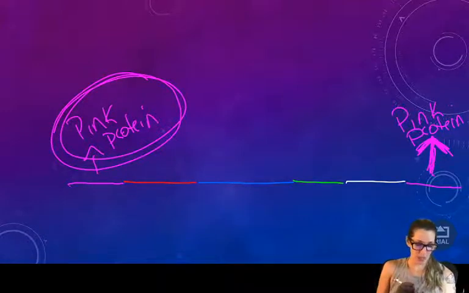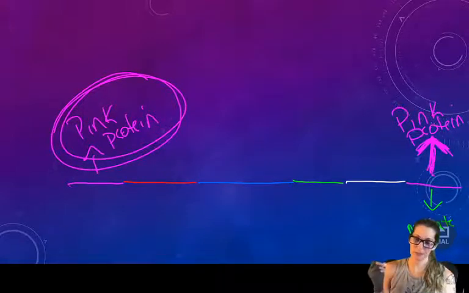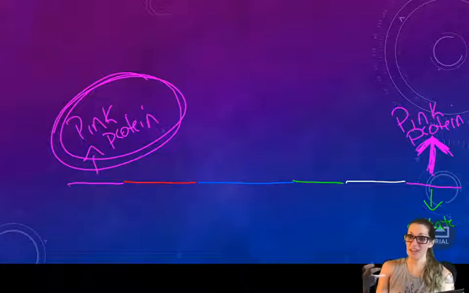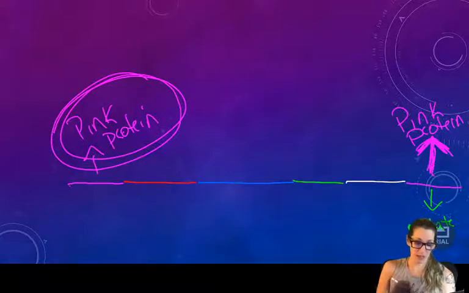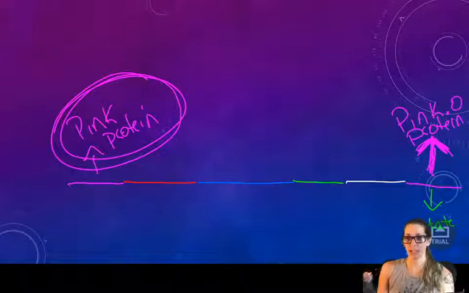What can happen is that this gene that's been released from that pressure will mutate. It'll accumulate changes in its genetic sequence. So maybe it doesn't make pink protein anymore. Maybe it makes pink 2.0 protein.